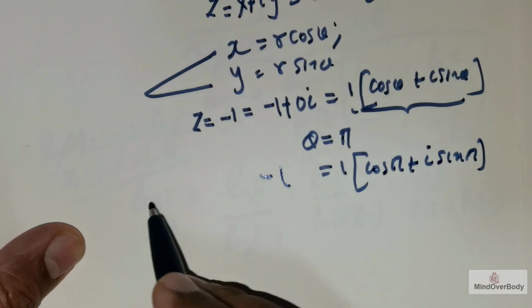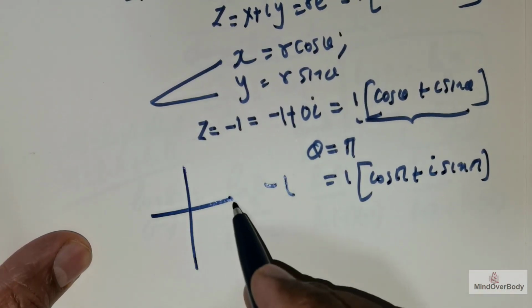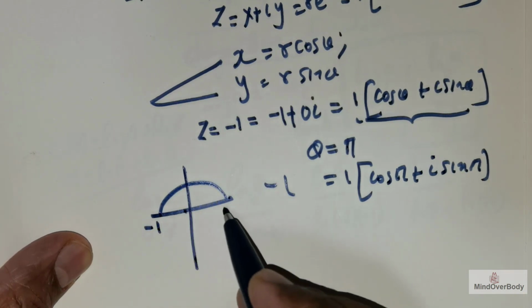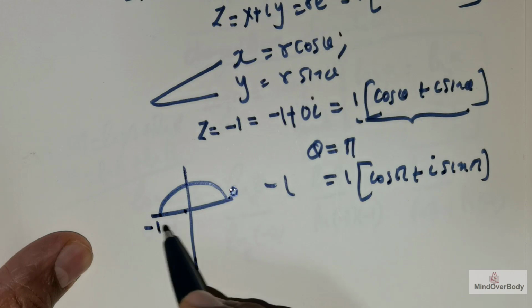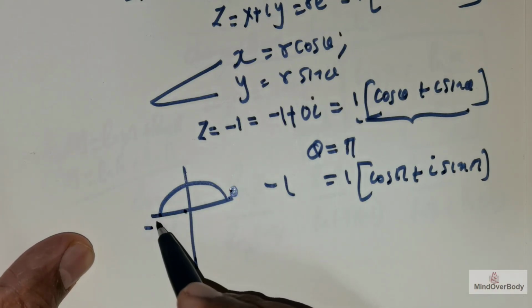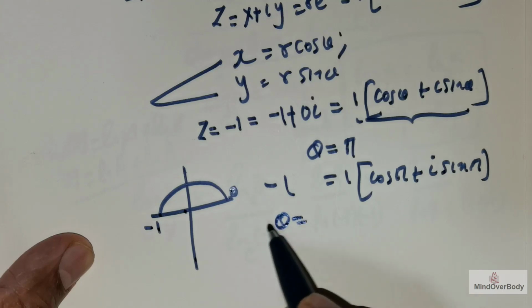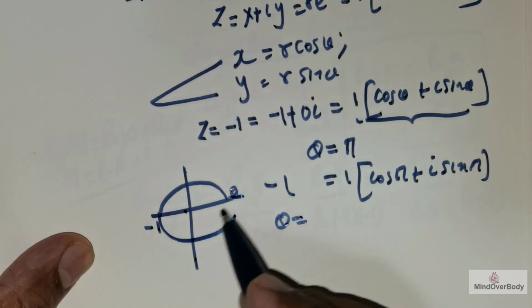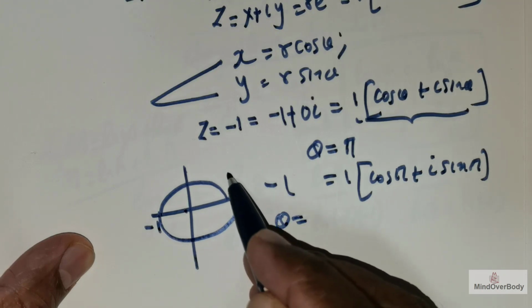Now you have to understand that if I am moving from here to here, which is -1 here, the value of theta is going to be pi. But what if I were to move all the way down and then reach here?